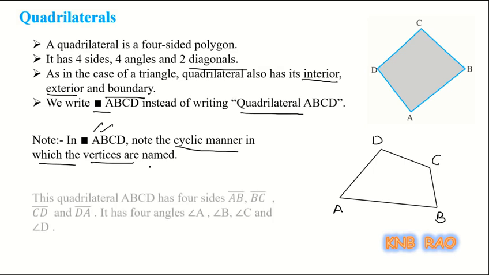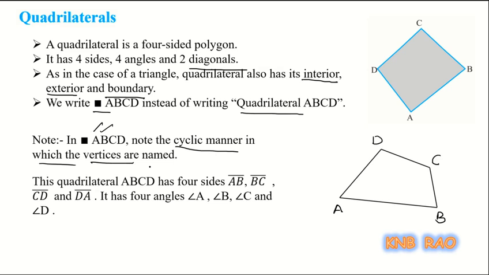Then this quadrilateral ABCD has 4 sides, as I have already said, AB, BC, CD and DA, and it has 4 angles, that is angle A, angle B, angle C and angle D.